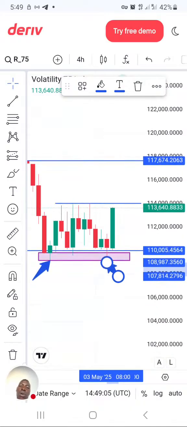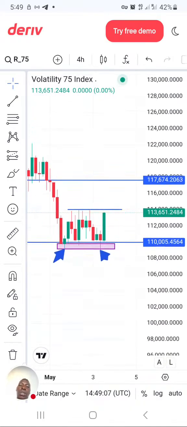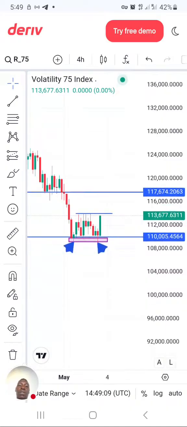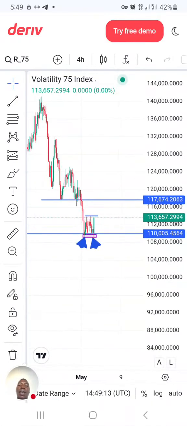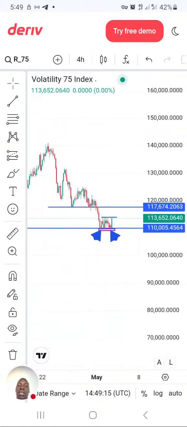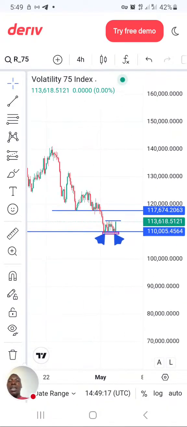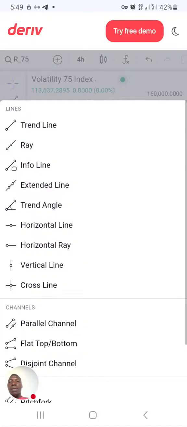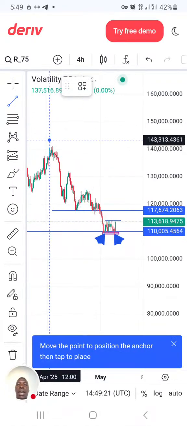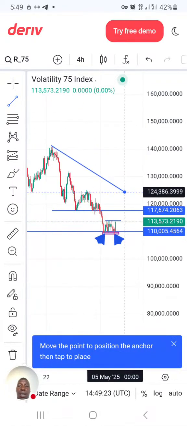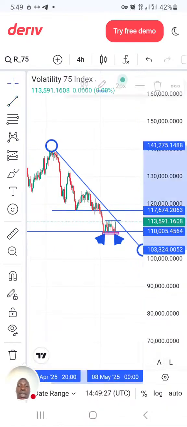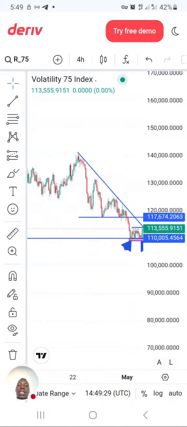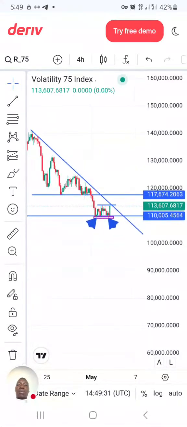How? Now you can see, if we were positioning ourselves for a long term bias for buying, we have to wait for something here like this. If we get our trend line like this here, we mark it like this. Do you see that the market has been respecting this trend line for some good days?